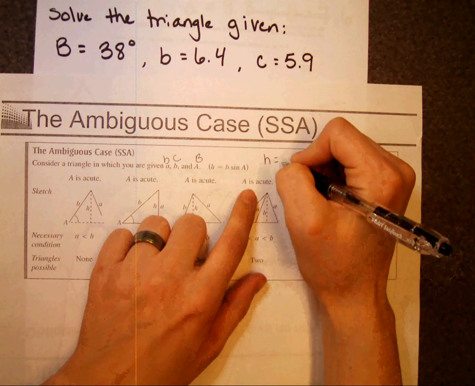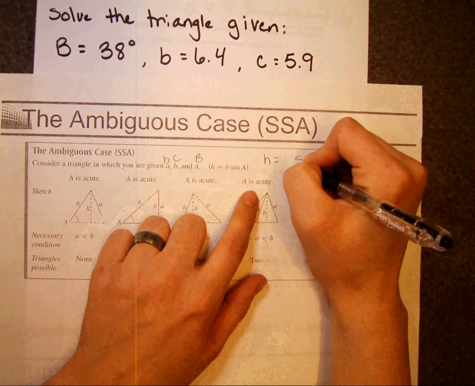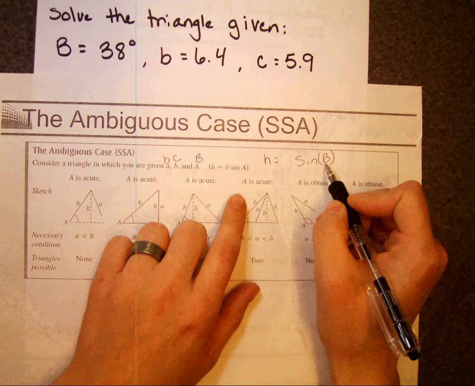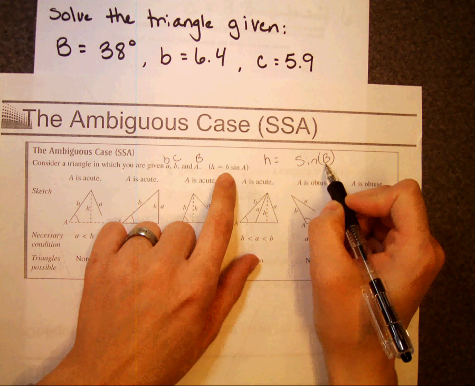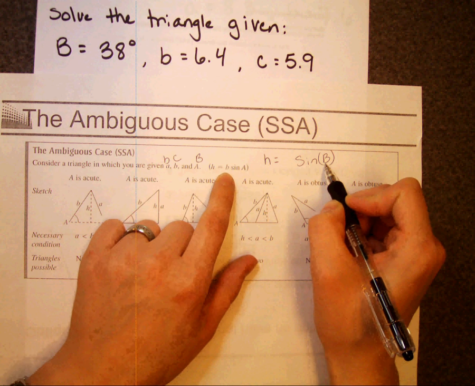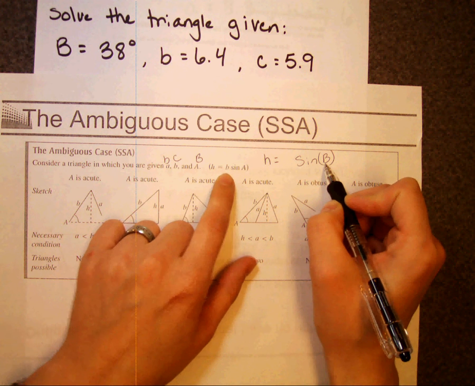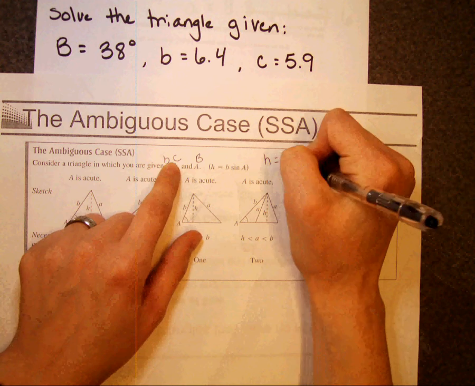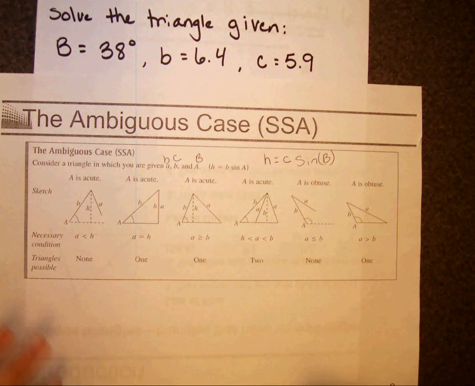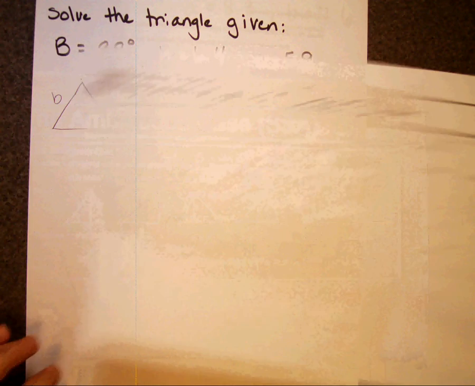So look how h is going to change. h is going to equal some side times sine of the angle I'm given. In this case, I'm given angle B, so I need to use the other side, not the side that corresponds with angle B.